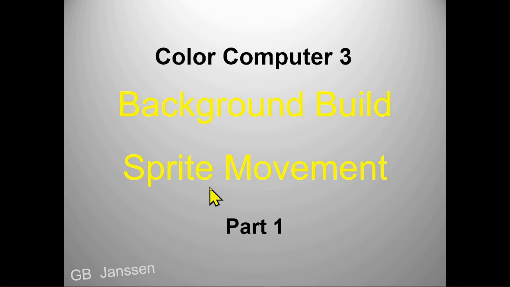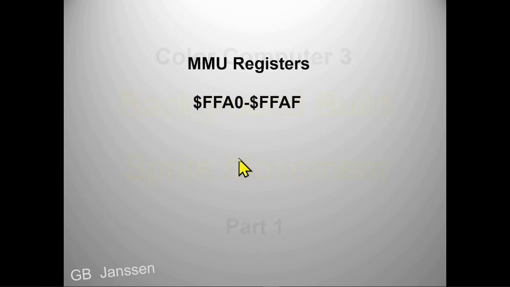So with that, I'll start, and we're going to go back to what we've talked about before. If you don't know what we're talking about here, you need to go back to the lessons I've been doing on what the MMU is and what it does. Again, a quick review. MMU registers go from FFA0 to FFAF.